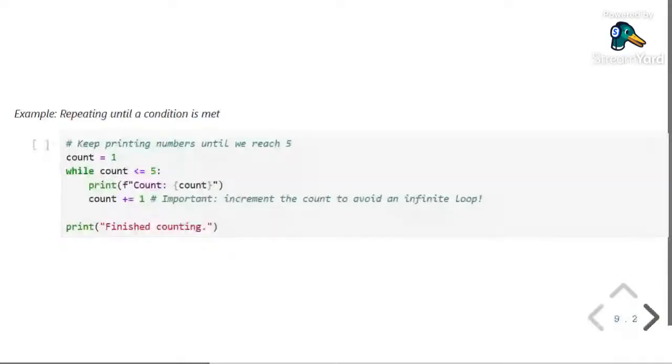For example, we'll keep on printing until we reach 5. So let's run the code. First of all, you have to state where your count will begin. Just like the for example we ran, you have to state where it begins, and that is one. If you want it to start at two, you can also edit it and make it run from two to five, and then the count is less than or equal to five.